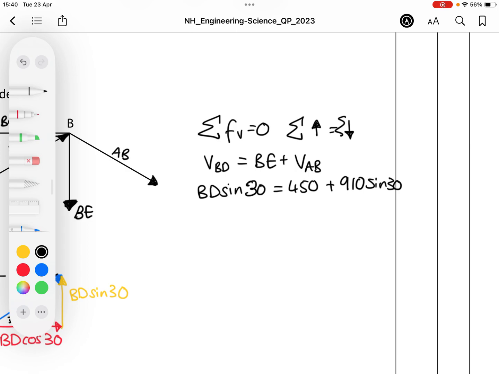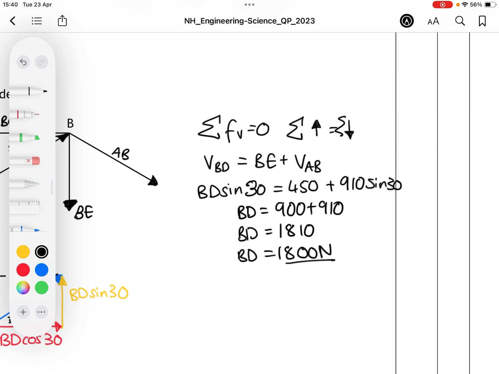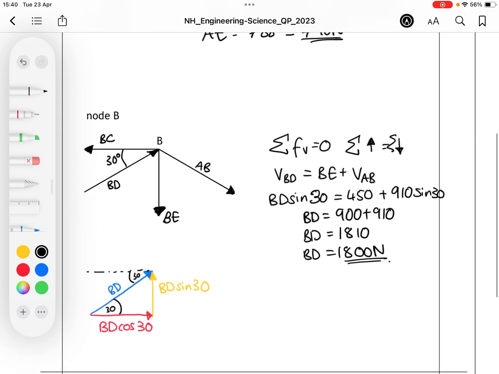Sine 30 is a half, so in terms of calculating this now, you can say that BD is equal to 900 plus 910. So that is 1,810. So I'm going to round that to two significant figures. BD is 1,800 newtons. And I assumed it was a strut.